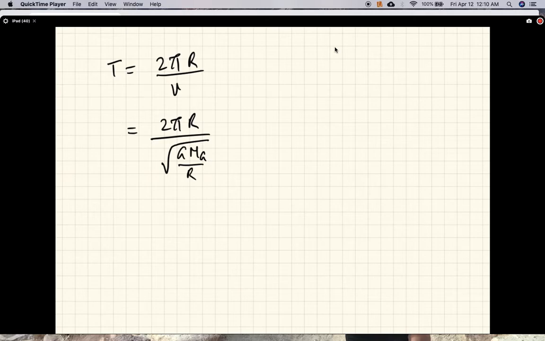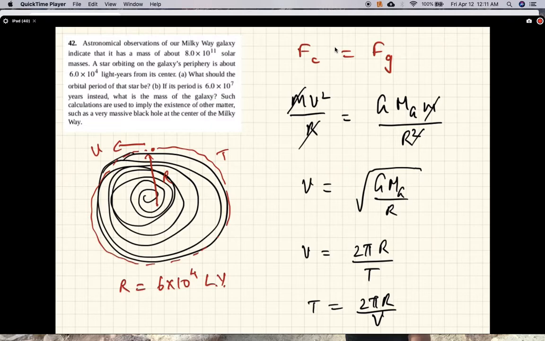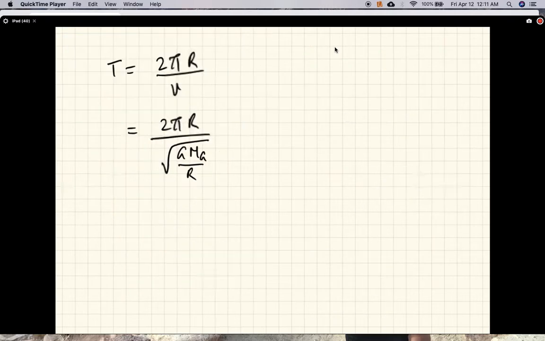The square root of r goes to the top, so it's 2 pi r to the power 1 plus half, that's 3 halves, divided by the square root of G times the mass of the galaxy.